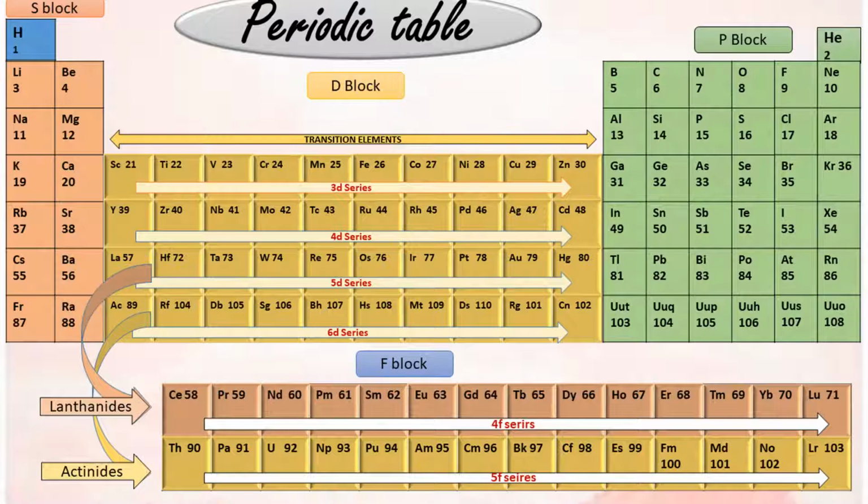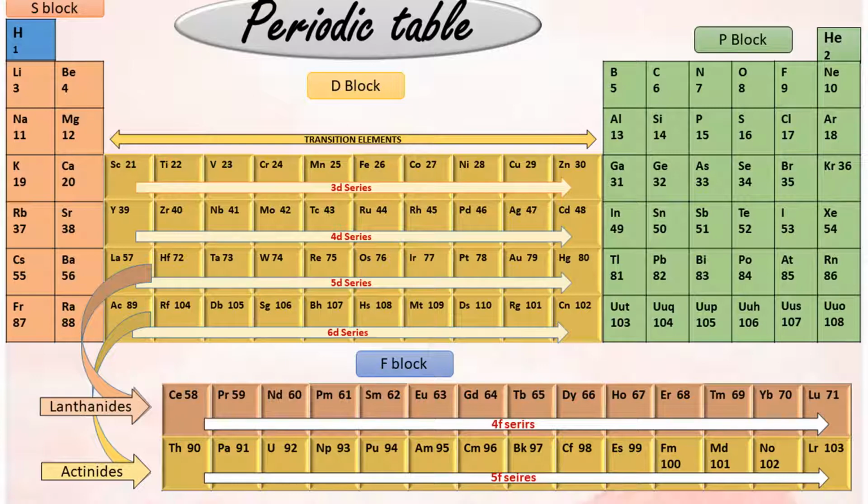First, let us look into the position of D block elements in the periodic table. You can see that it has been placed in between the S block and the P block. Since it comes in between the metals of S block and the non-metals of P block, the D block elements are known as transition elements.